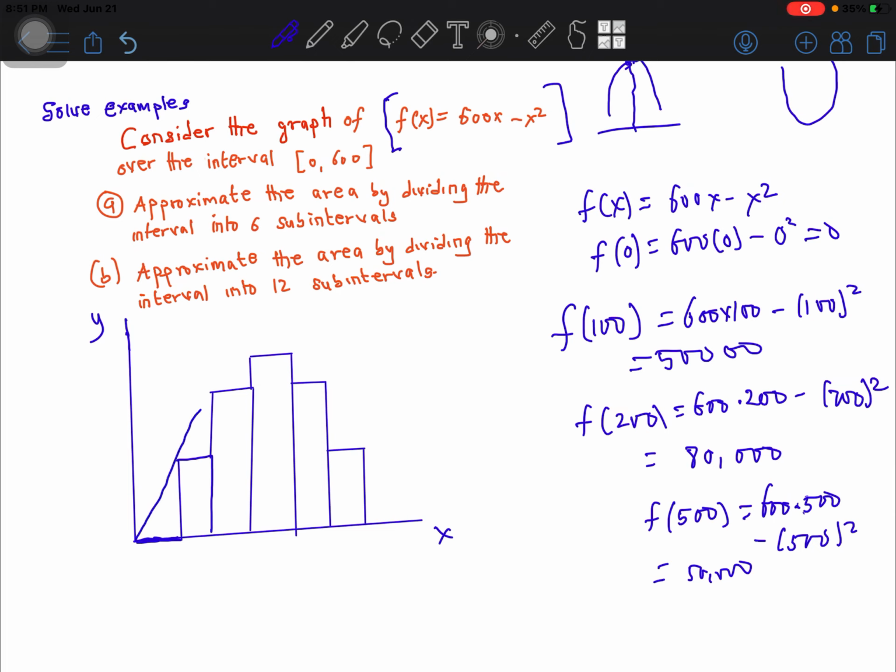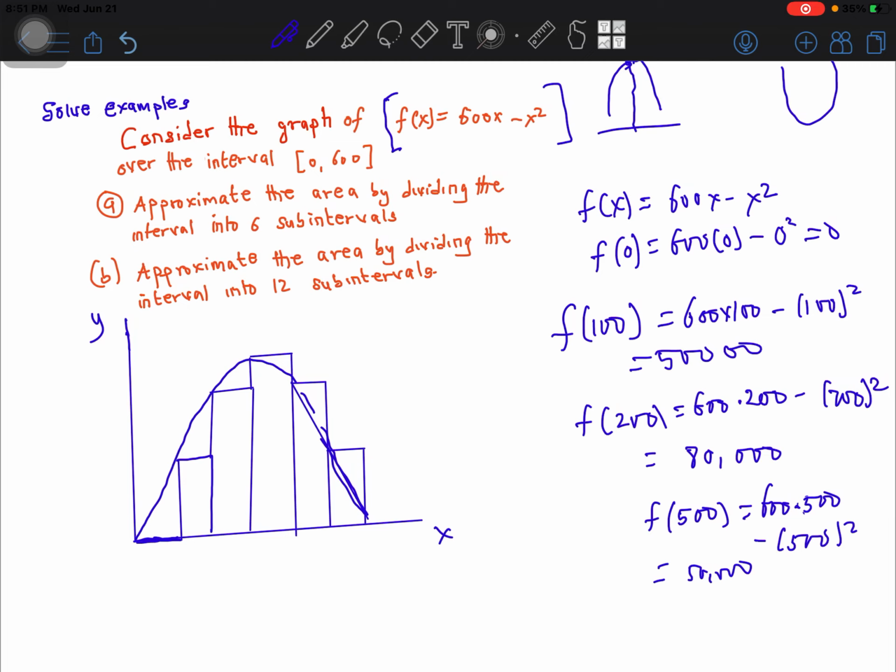So now we can say that our graph is this one. Sorry for this one being a straight line. It's not supposed to be a straight line, instead it's supposed to pass here. So this is how our graph will be like.